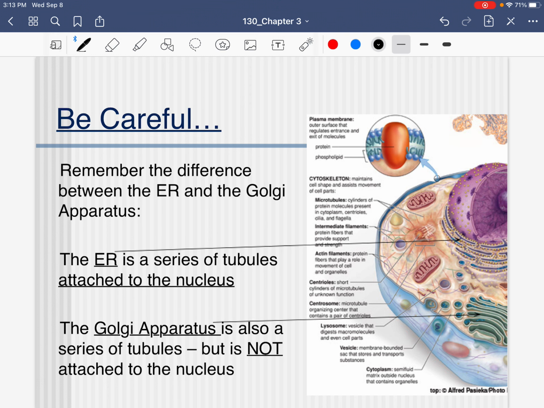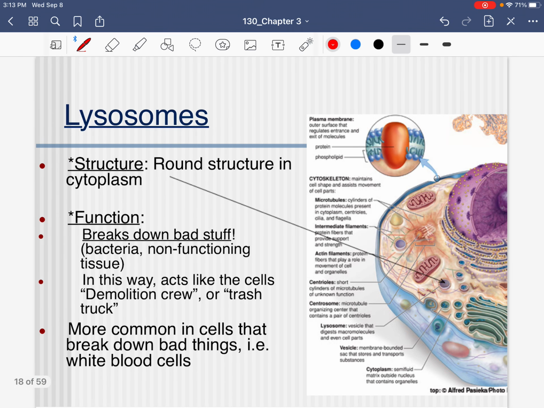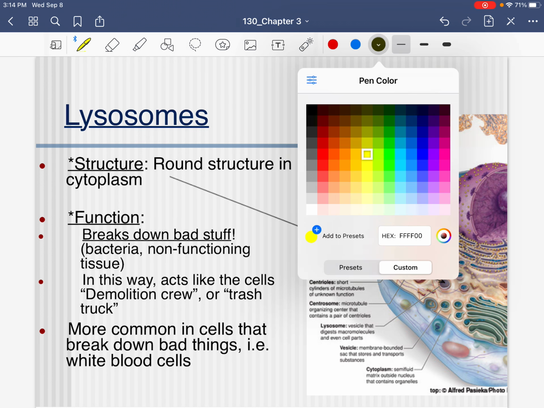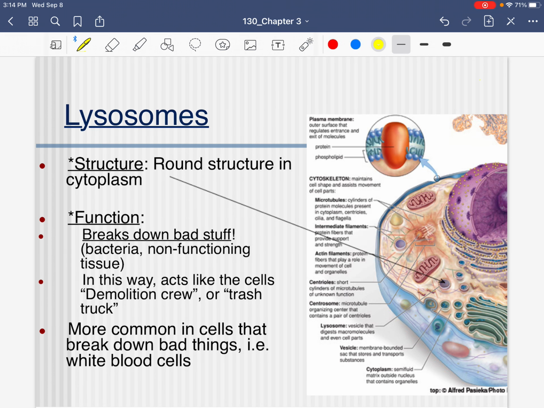Well, as cool as a cell can get. This is a reminder that the endoplasmic reticulum is right outside the nucleus, but the Golgi apparatus is not attached to the nucleus. Okay, another example of an organelle I'd like you to know is called the lysosome.